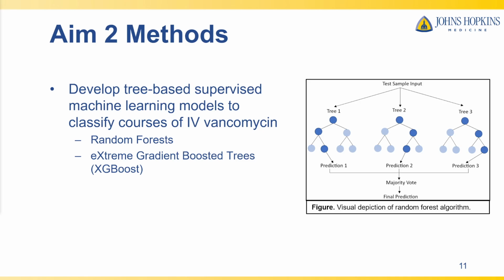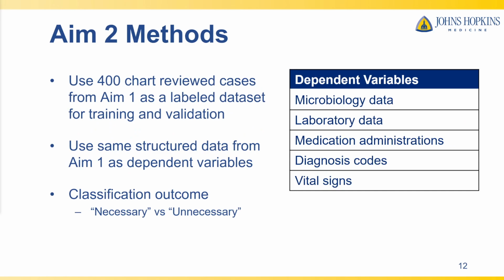In aim 2, we will develop a tree-based supervised machine learning model to classify courses of IV vancomycin. We will explore the use of at least two different types of models, including random forests and extreme gradient boosted trees. When developing the models, we will use 400 cases that were chart reviewed in aim 1 as a labeled dataset for model training and validation.